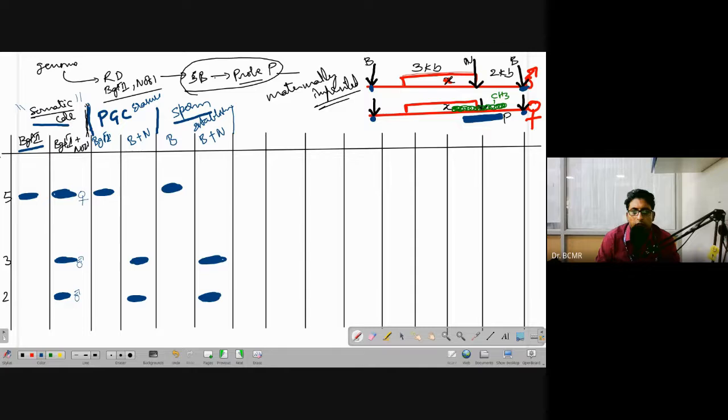In sperm, which is haploid, in all of these sperms, because there has been an imprint erasure and new establishment, and this gene is supposed to be in the paternal allele, it is supposed to be free of any methylation. Therefore, in all the cells, NOT1 will be able to cleave it. So we will get a 3 kb fragment and a 2 kb fragment.